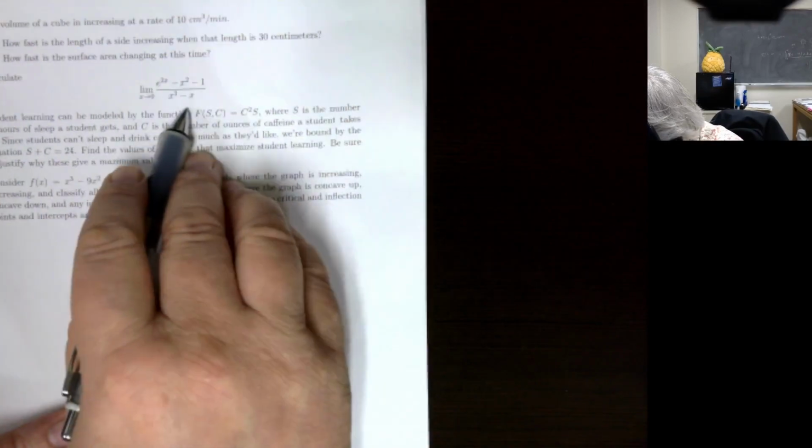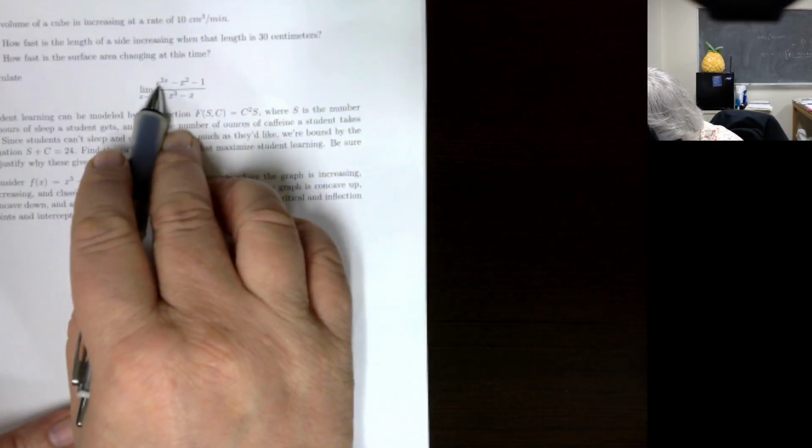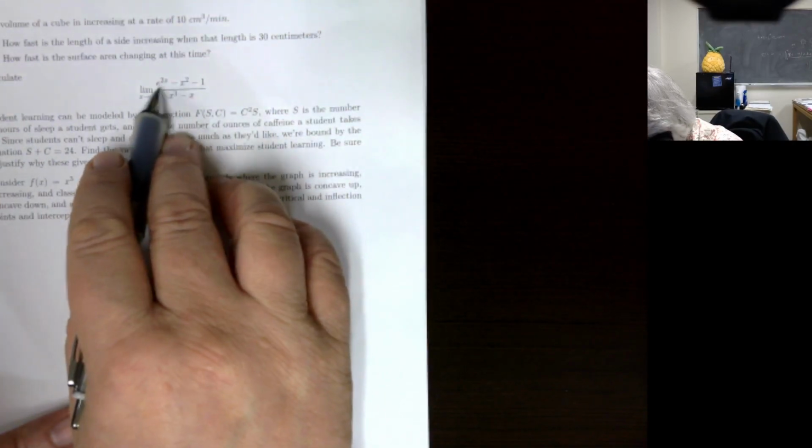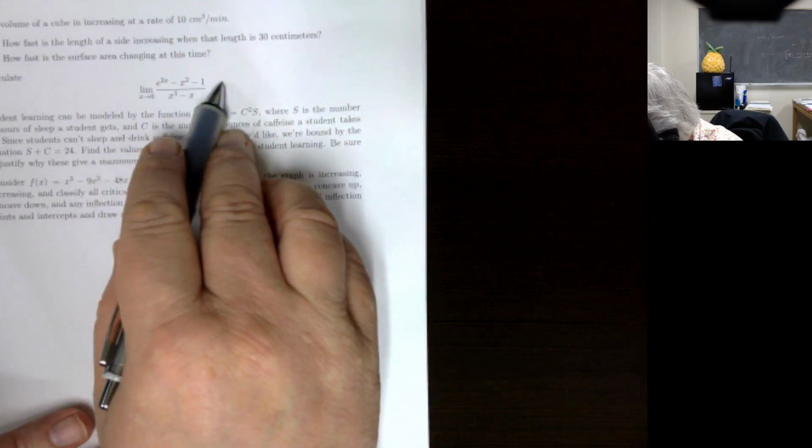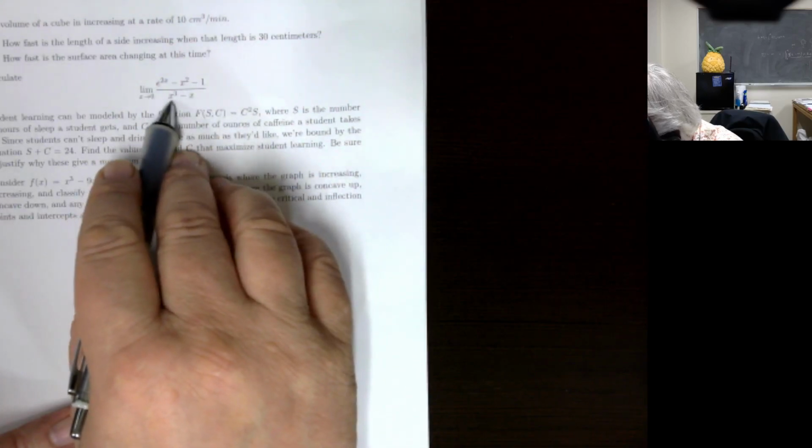Let's see. So number 13 is pretty much a straightforward L'Hopital's rule. So maybe I'll just go ahead and put it right on here. The limit as x goes to 0 of this expression. If I plug in x equals 0, I get e to the 0, which is 1 minus 0 minus 1, gives us a 0 on the top and a 0 on the bottom.